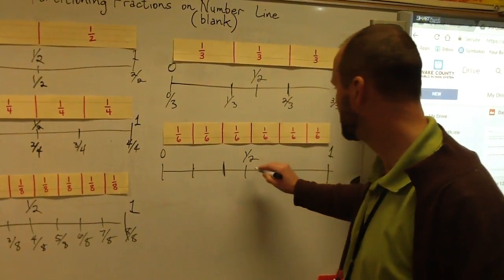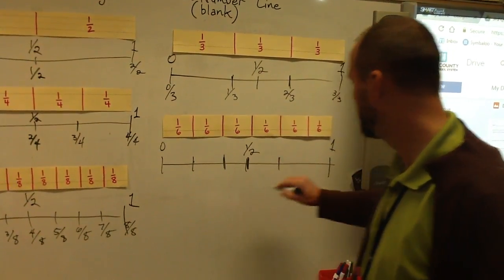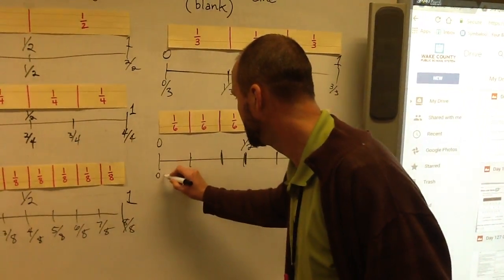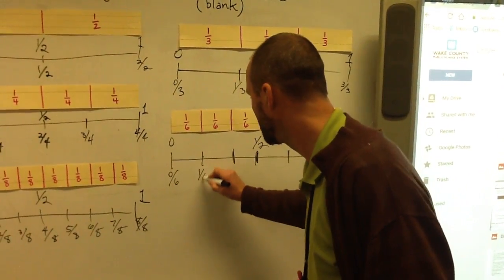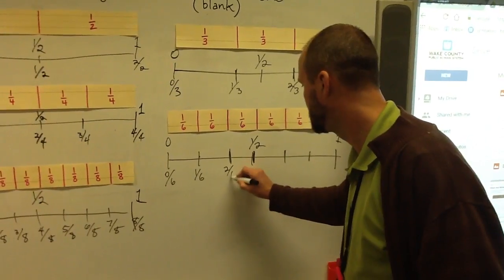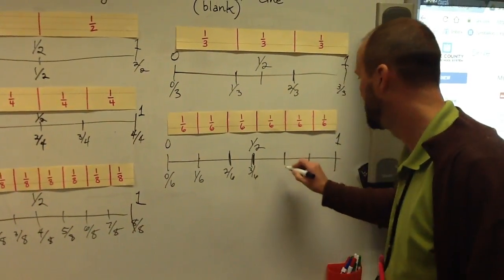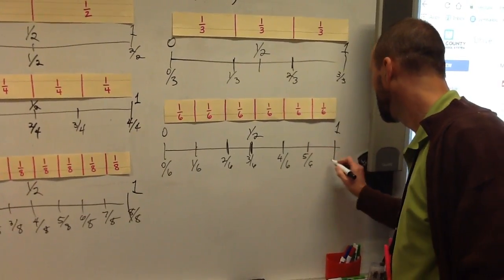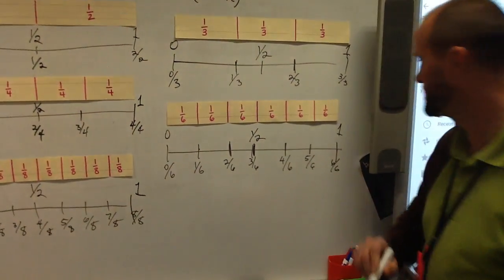We'll divide each of those thirds in half, which equals sixths. So 0 sixths, 1 sixth, 2 sixths, 3 sixths, 4 sixths, 5 sixths, 6 sixths.